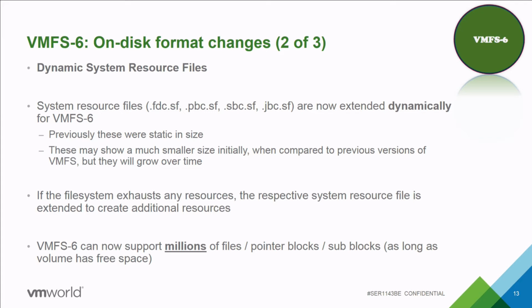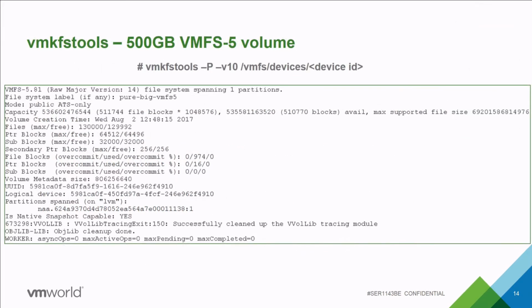So theoretically now, we were limited to a certain number of files that we could create on VMFS 5 and earlier. Theoretically, we could grow to millions of files on a VMFS 6 volume. So by way of an example, I built a 500 gig VMFS 5, and we'll just have a look at this.